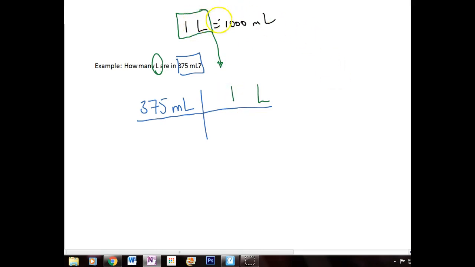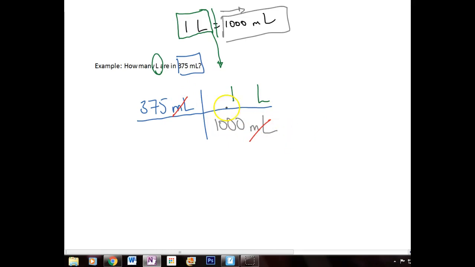I've now used up half of my equality, so I want to put what's on the other side of the equal sign on the bottom. So I'm going to take 1,000 milliliters and drop it down to the bottom right here, just like that. I'm going to double check that my units cancel. I have milliliters as a numerator, milliliters as a denominator, so they cancel.